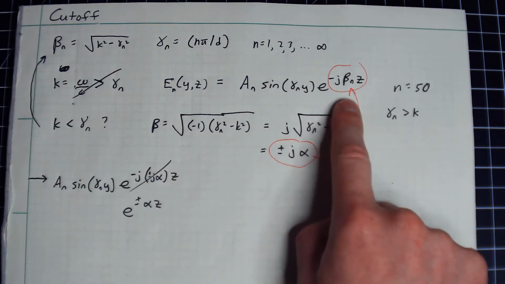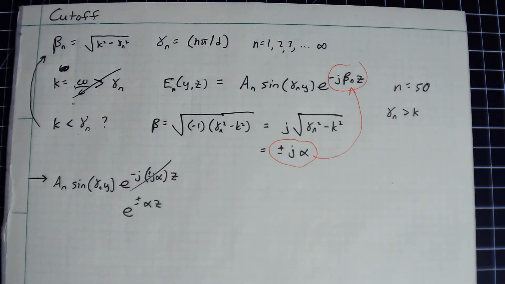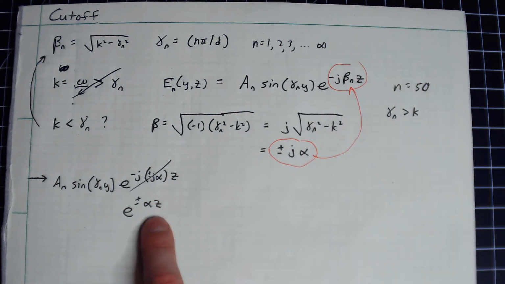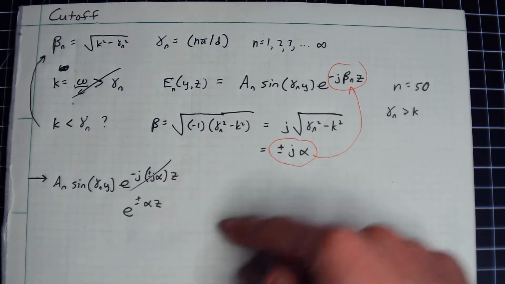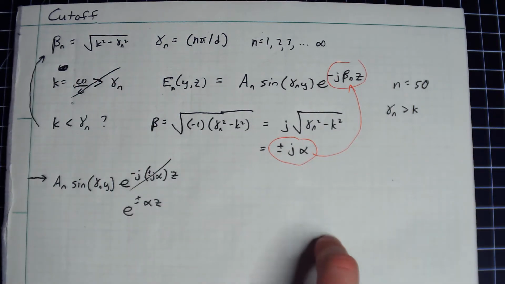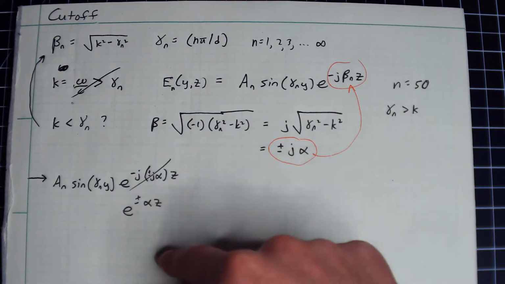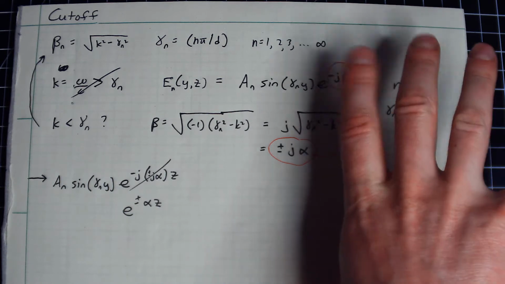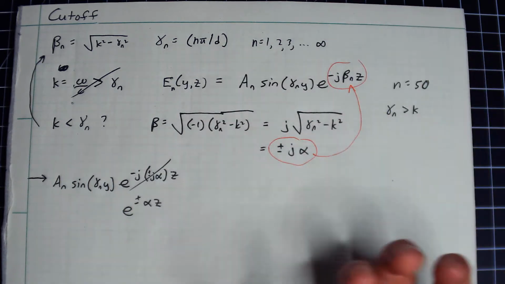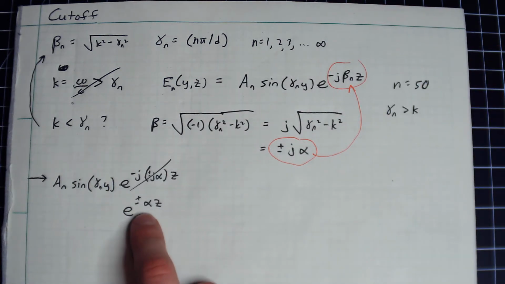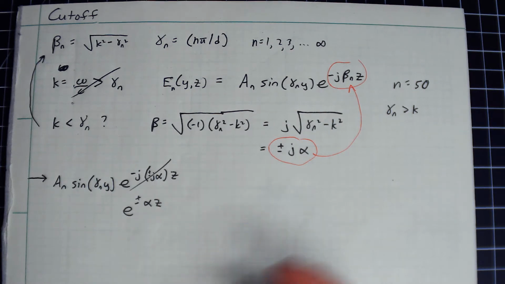So instead of having a complex exponential implying some kind of sinusoidal phase variation along z, I'm going to get just a real exponential, and it will either grow or decay. Well, obviously exponential growth is not a physically realizable solution because we need to have finite energy in the universe, but the exponential decay is potentially a finite solution.